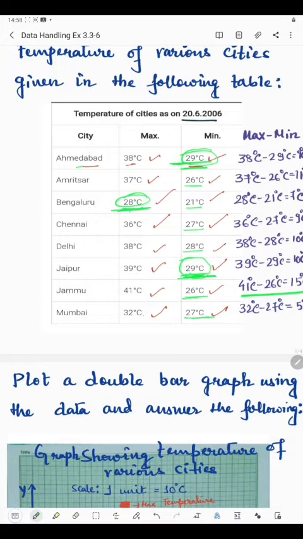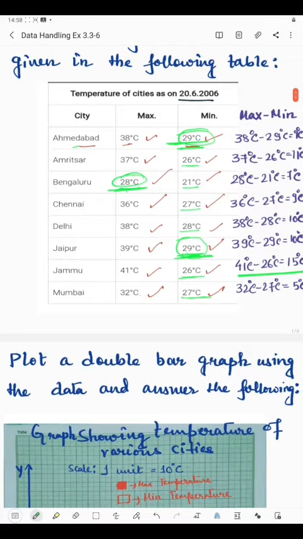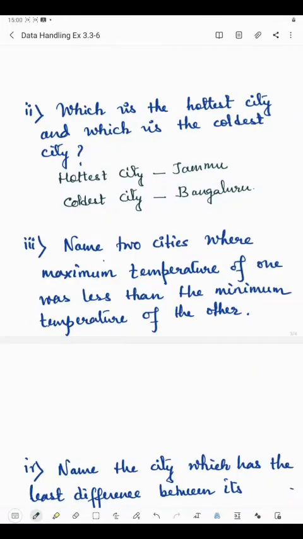The question is you will have to give the name of the cities in which maximum temperature is less than the minimum. So only here and here, when you compare with the maximum temperature in Bangalore, we get that the maximum temperature is less than the minimum temperature of these two cities. Okay, so we'll write the answer.